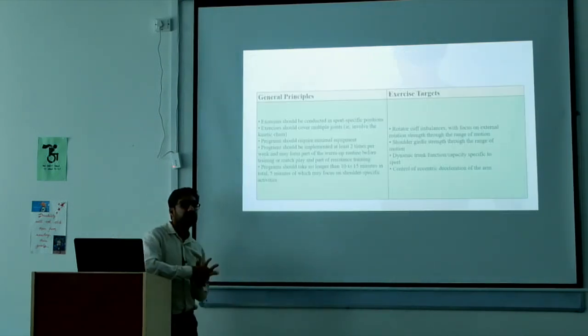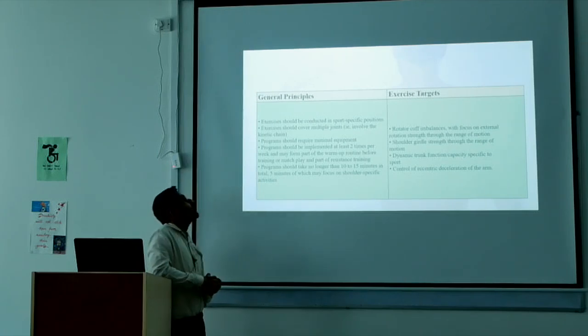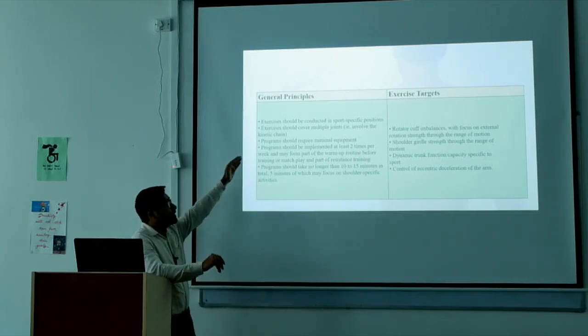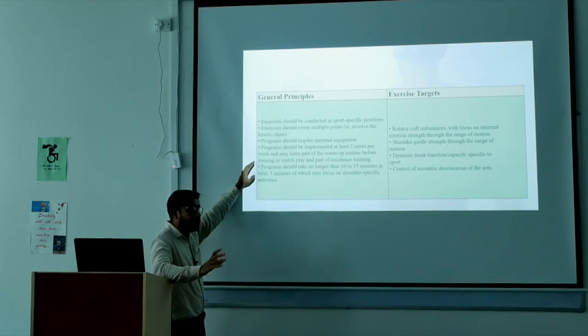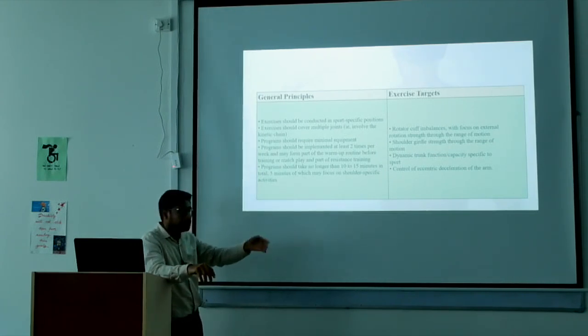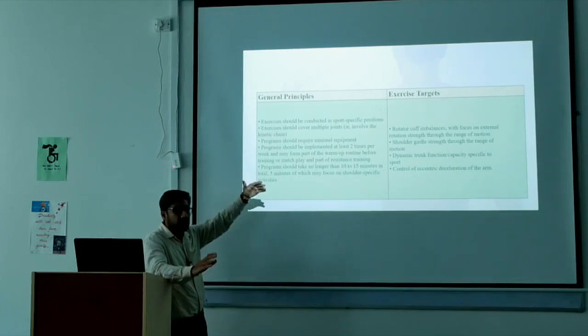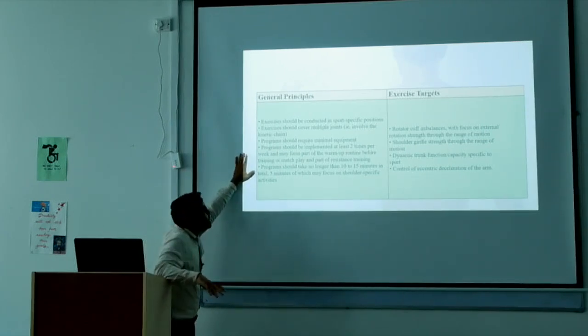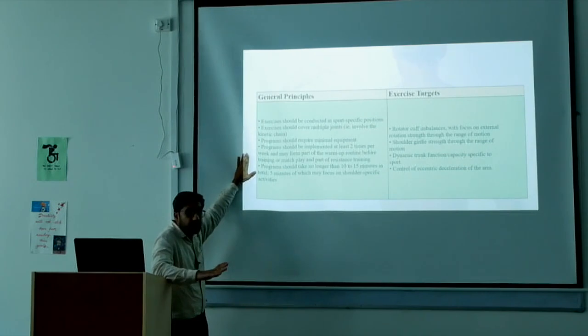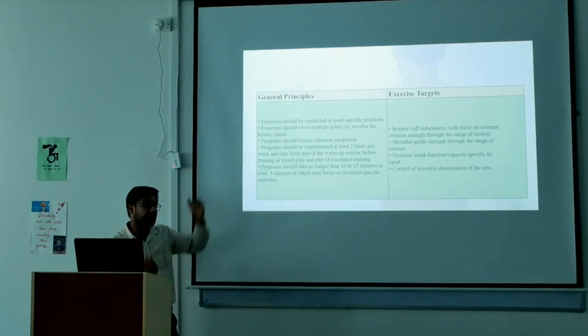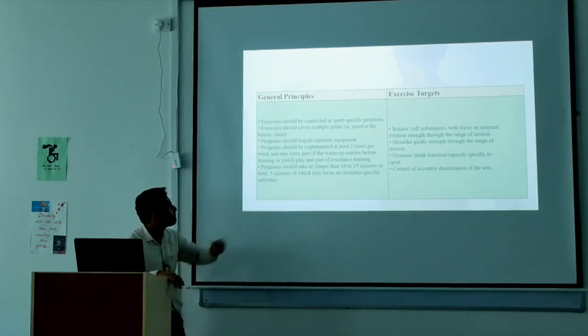Now, general principles for the preventive measures are that the exercise should be conducted in a sports specific position, because if I am working with a javelin thrower, I will not be focusing on running technique. I will be, but not as much. Exercise should cover multiple joints. It should cover the whole kinetic chain, not a single individual joint.